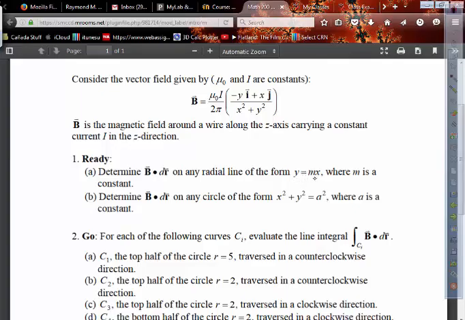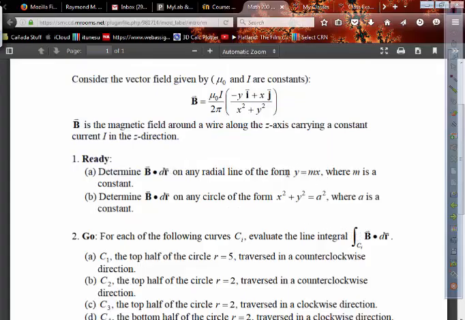One of them is a line that goes through the origin, 0, 0, and the other is circles, with radius a. Once you've figured out the parameterization, you put it into the vector field, that would be b, and then you dot it with the derivative of your parameterization, that would be r prime. And this part is what's going to go in your integrand when we start doing integrals.